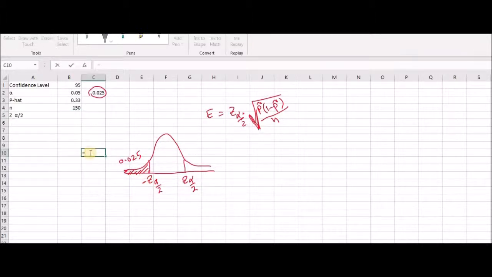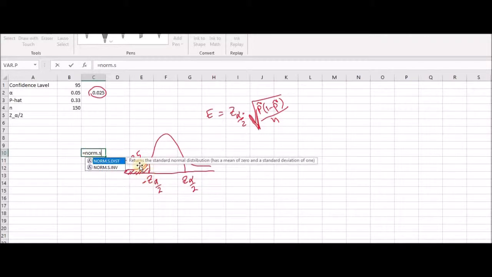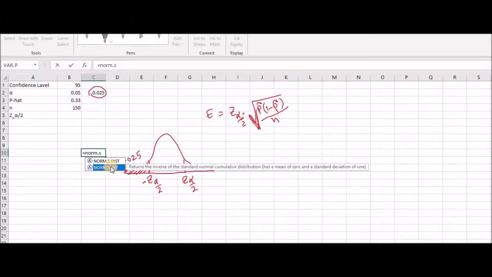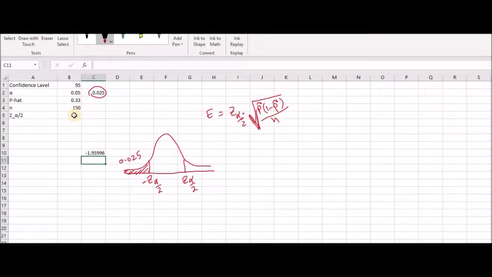I'm going to use the function norm.s because I'm talking about z values here. That means I'm talking about the standard normal distribution. And then I will use the inverse function because I have the area and I want the number. So I will use norm.s.inv of 0.025, which is the area to the left of the number needed. And as you notice, the number is negative. So all I have to do here is multiply it by -1 to find z sub alpha divided by 2.